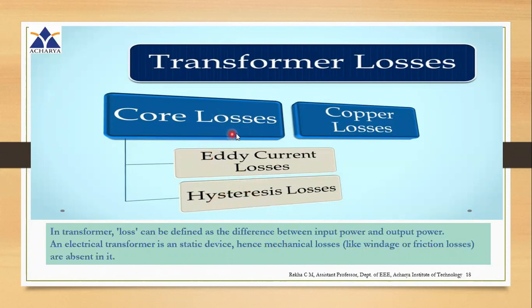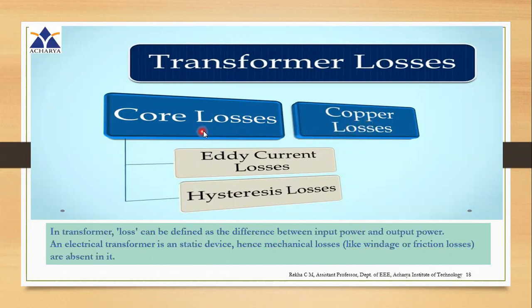So core losses are with respect to the magnetic material of the core, and copper losses depend on the load conditions. That is the current which is flowing through the primary and the secondary winding, or the losses what we call as I square R losses.